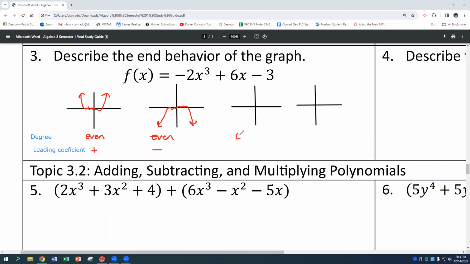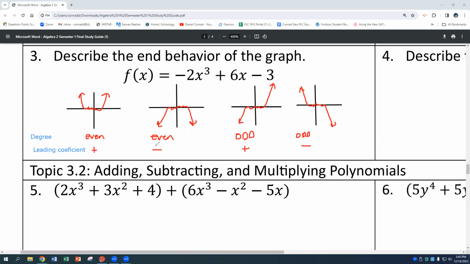If the degree is odd and the leading coefficient is positive, it's going to look something like this. If it's odd and negative, it's going to be flipped. It's going to look something like this.